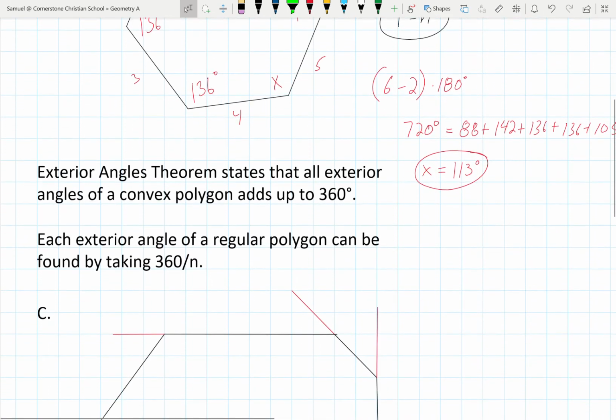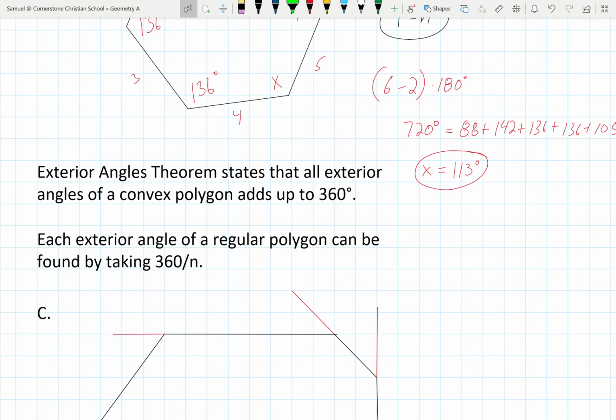All right, so this is what is new today. That was using some previous information. Now, instead of talking about interior angles, we're going to talk about exterior angles. So the exterior angles theorem states that all exterior angles of a convex polygon add up to be 360. It doesn't matter if it is a triangle, a quadrilateral, a hexagon, or a 12-sided figure.